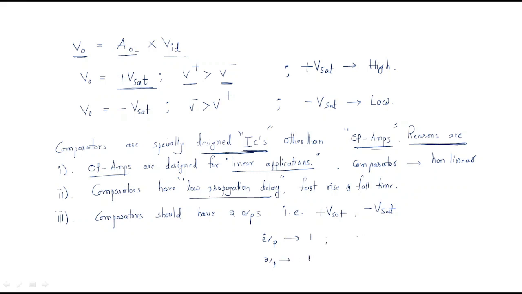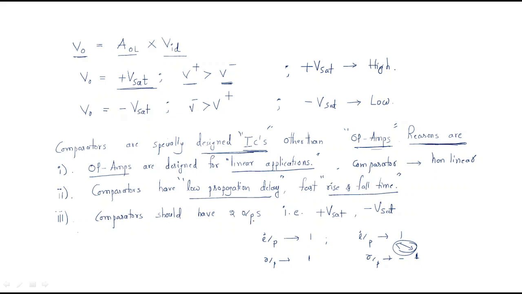With propagation delay, we give some input but do not get the output initially; we get it after some time. This is called propagation delay. But comparators must have low propagation delay and fast rise and fall times. So they are very fast devices compared with op-amps.